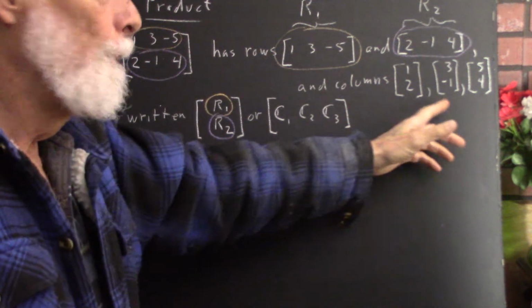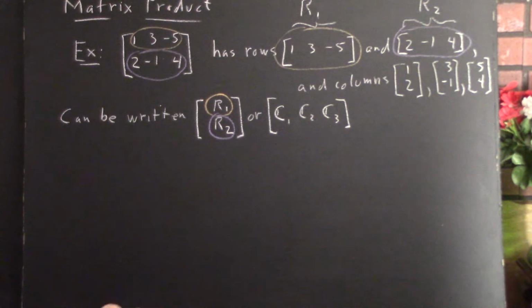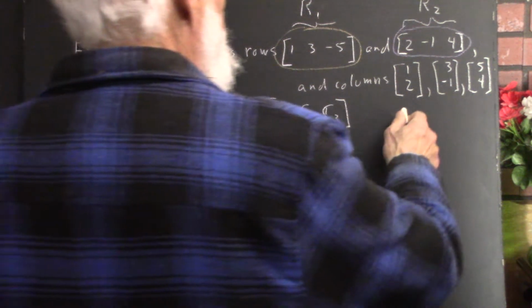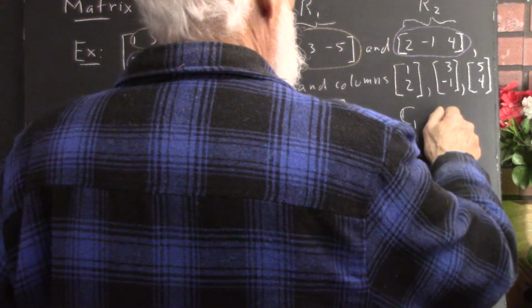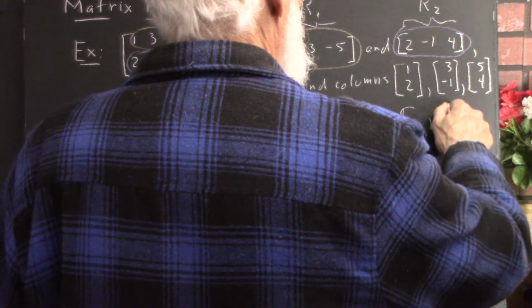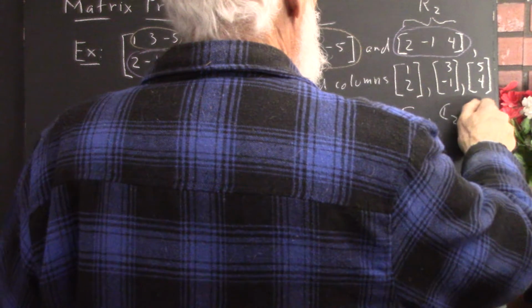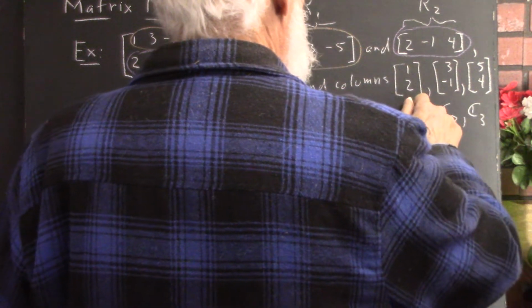Alternatively, it could be written in terms of columns. So if these columns are, and I'm not going to color code them, but I'm going to call this column C1, this one C2, this one C3.